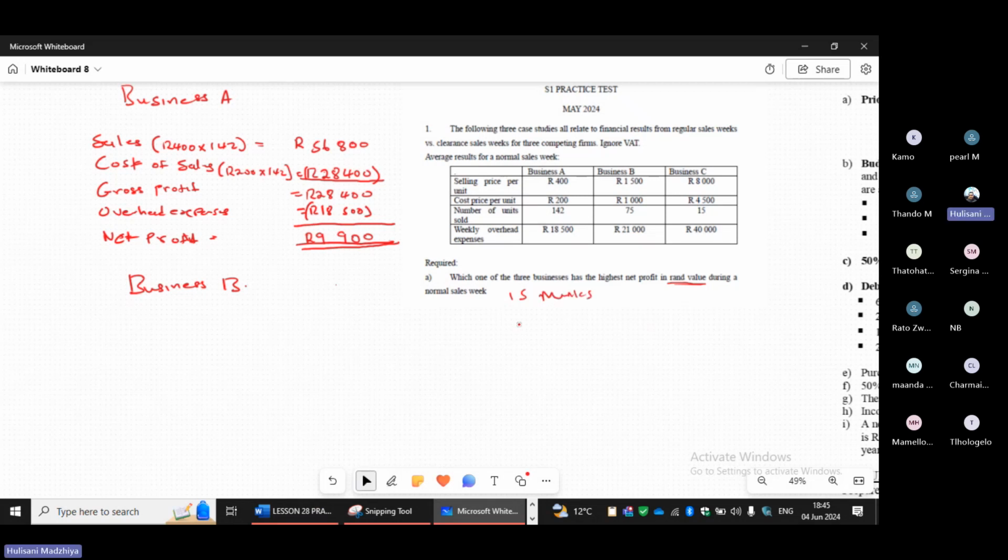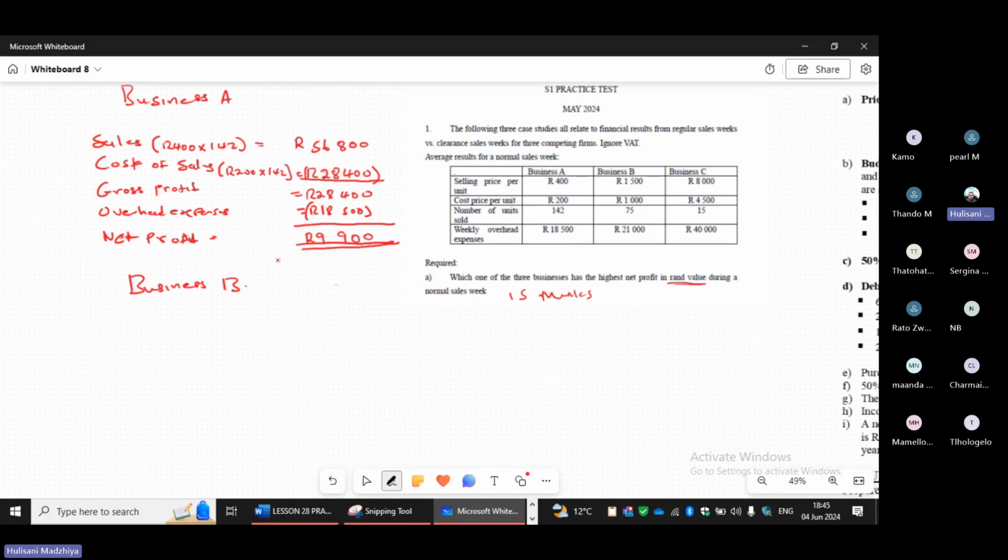I'm just going to make an assumption that the mark allocation is 15 marks. If the marks are allocated based on the sales value, the cost of sales value, the gross profit value, the overhead expense value and the net profit value, then you're going to lose marks on the sales value and cost of sales value, and you're only going to get marks on the gross profit value if you show it.